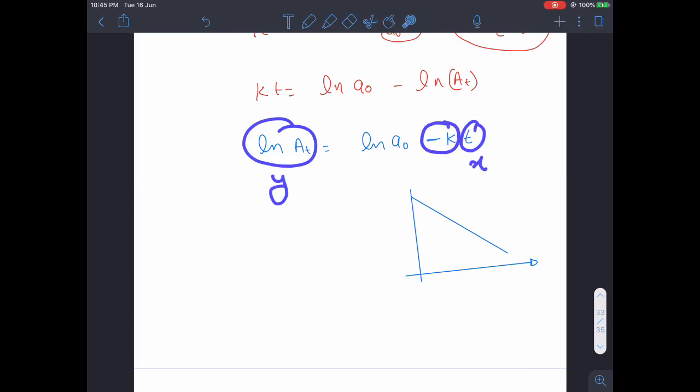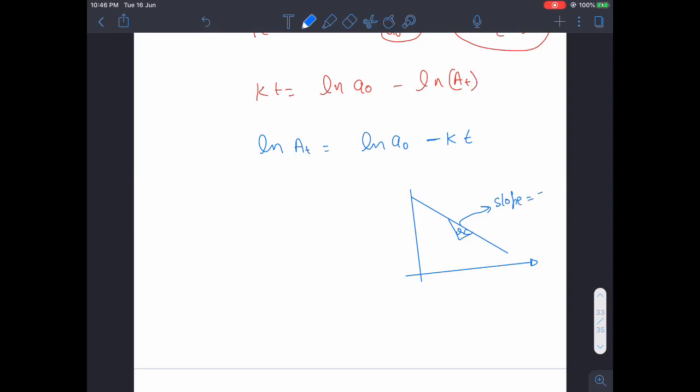So you can see the slope is minus k. And this intercept is ln a naught, and this is the ln At versus time graph.